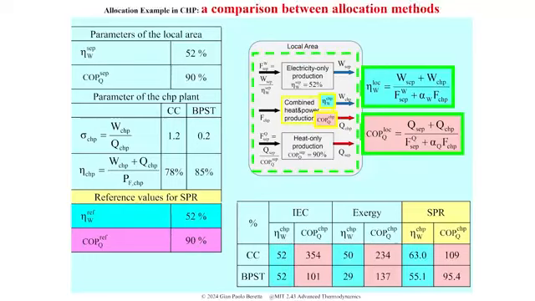Here are the numbers, so look at just the first line. Here are the numbers that come out with the three methods that we discussed so far. So the electricity centered method keeps essentially the same efficiency for electricity as separate production, and it gives all the advantage to the heat, so it would make it appear that you are producing heat with a COP of 354.